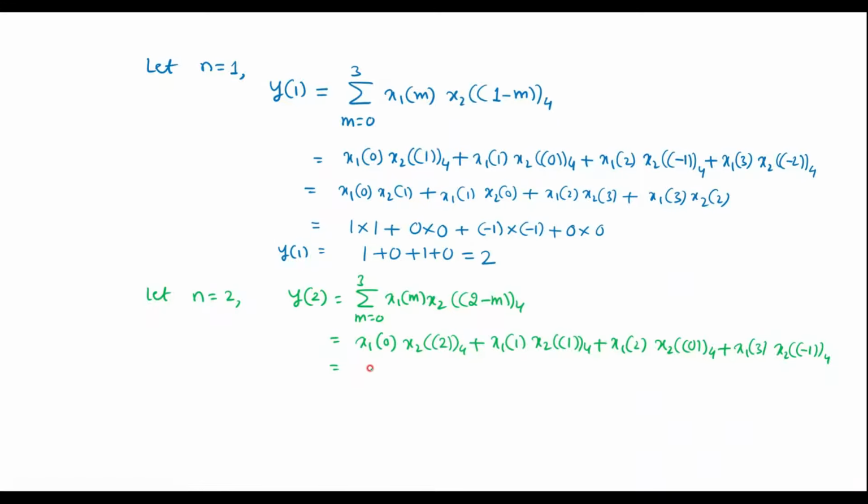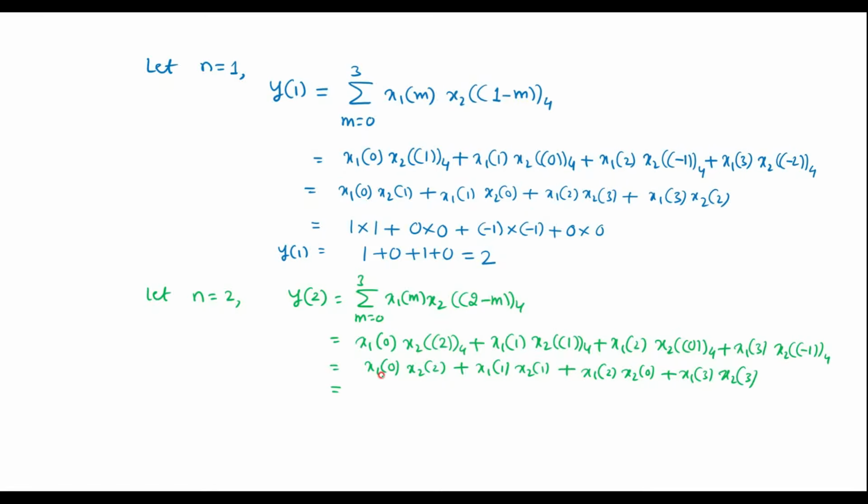So simplifying this further, I can write x1 of 0, x2 of 2, plus x1 of 1, x2 of 1, plus x1 of 2, x2 of 0, plus x1 of 3, x2 of minus 1, which means x2 of 4 minus 1, that is x2 of 3.